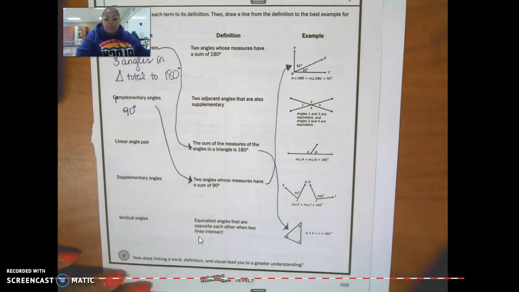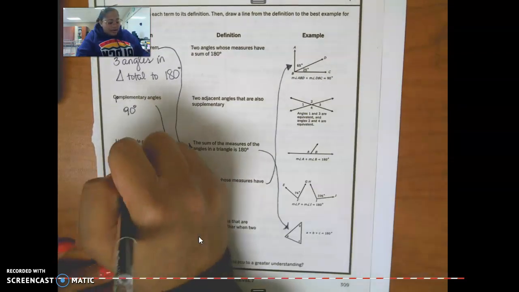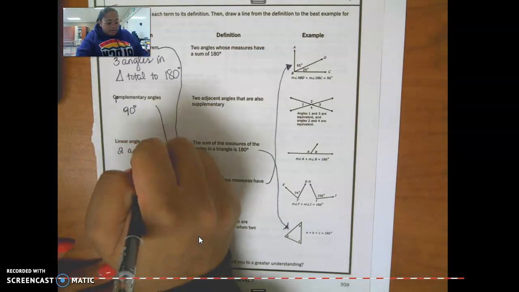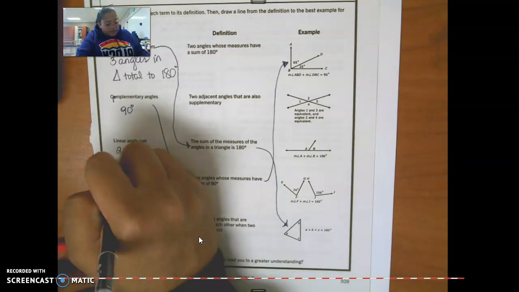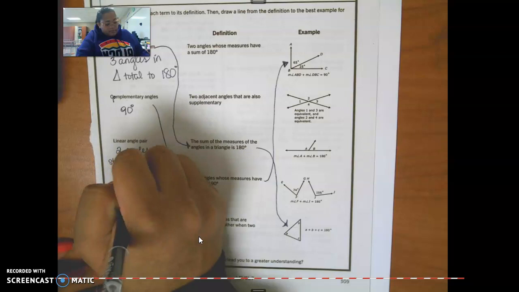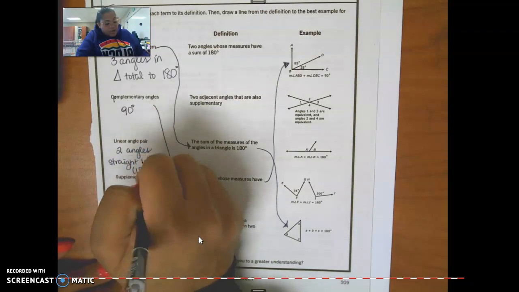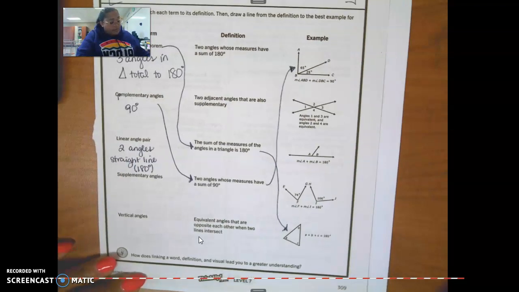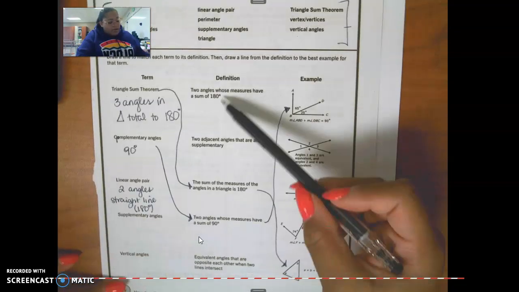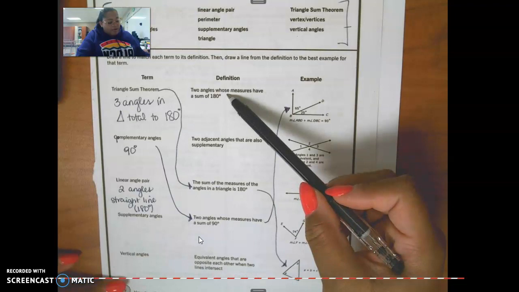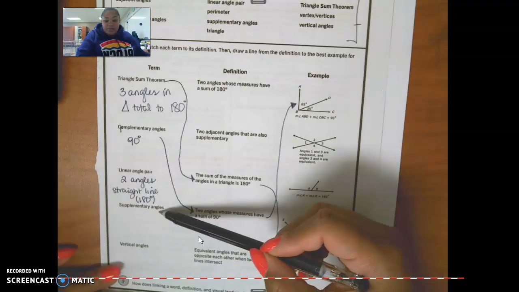Linear angle pair means two angles that make a straight line, which equals 180 degrees. So that's right here, two angles whose measures have a sum of 180. Oh, but that's also supplementary angles.